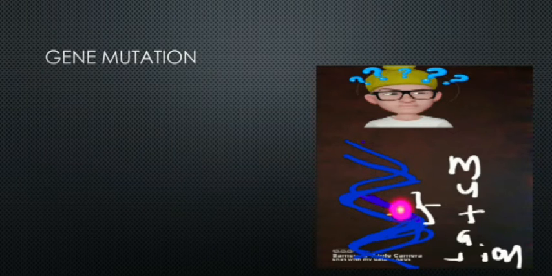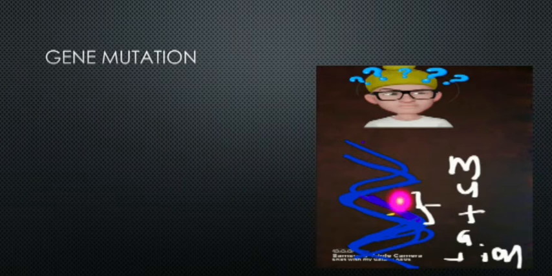But when there is a change in that gene due to some reason, this sudden change in the gene is called mutation, and that's why a new character appears in that individual. So it leads to variation as well as evolution. So mutation is one of the reasons which causes evolution.